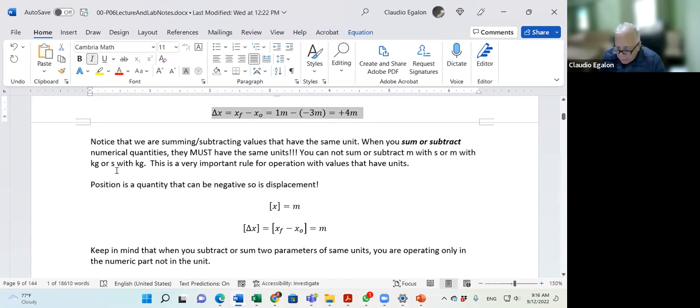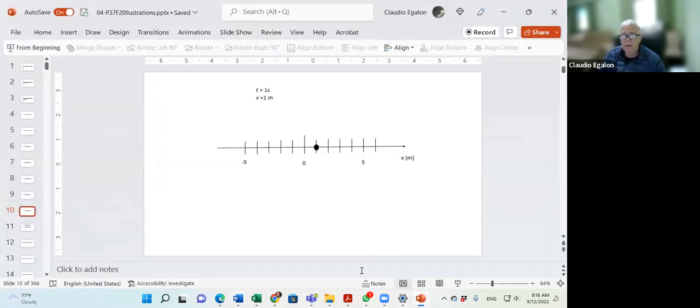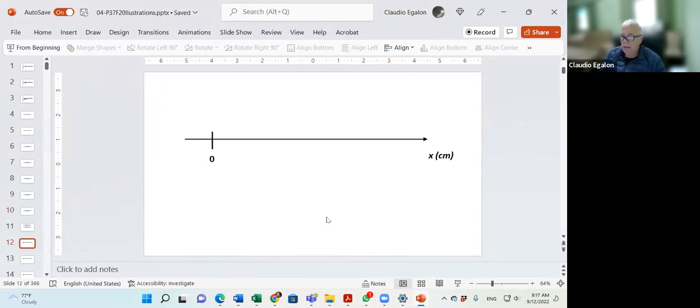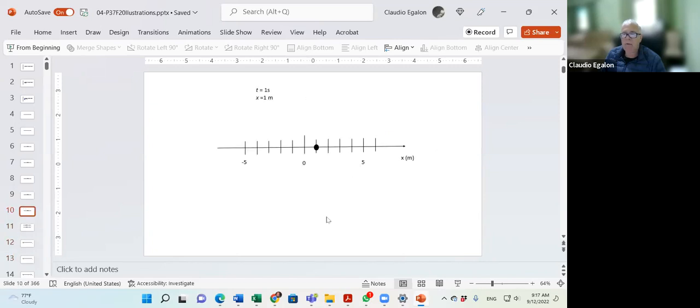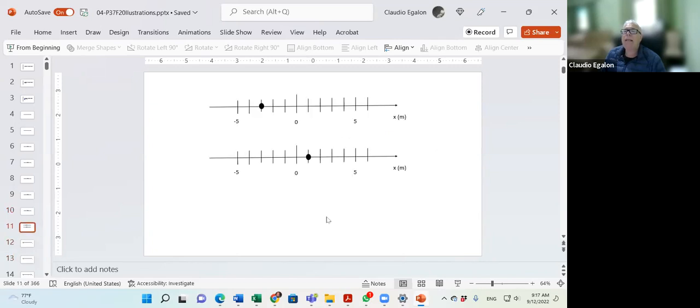So think about different examples like this one here, in which the displacement might be positive, might be negative. This displacement here ended up being positive because the particle displaced to the right on this x-axis.